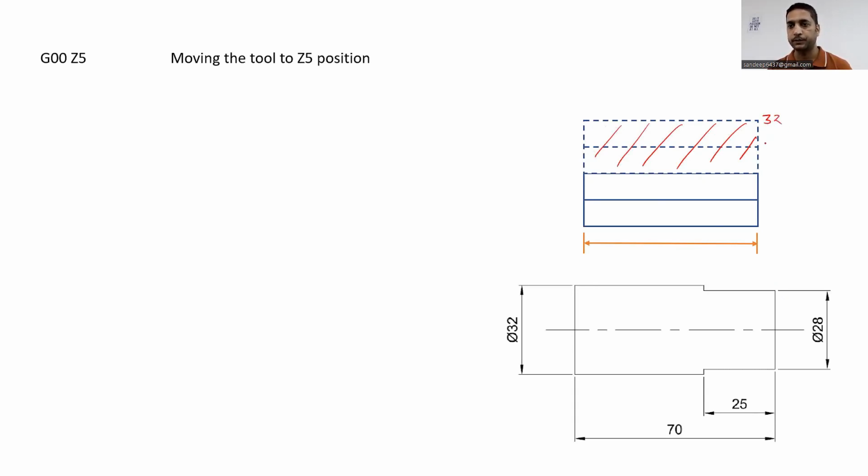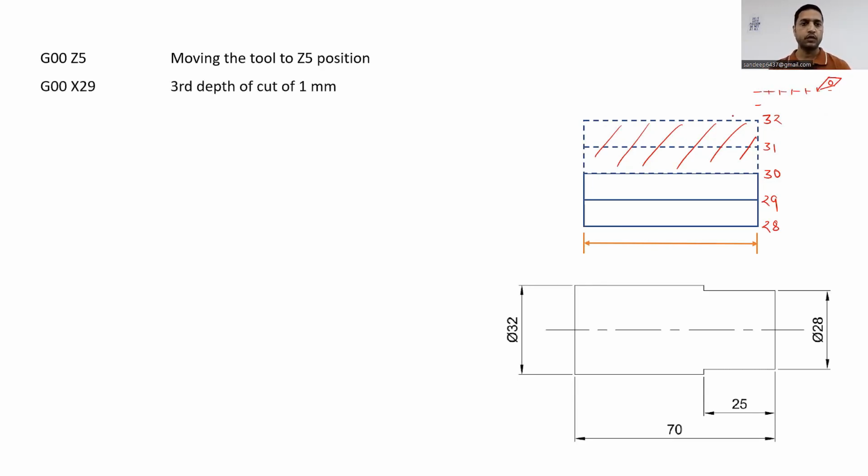So this is 32, this is 31, 30, 29, and 28 mm. And this value is 33, 34, and let me extend this line for you. And let me now highlight the Z value. This is Z5. So at this location, this will be our X34 Z5 value.